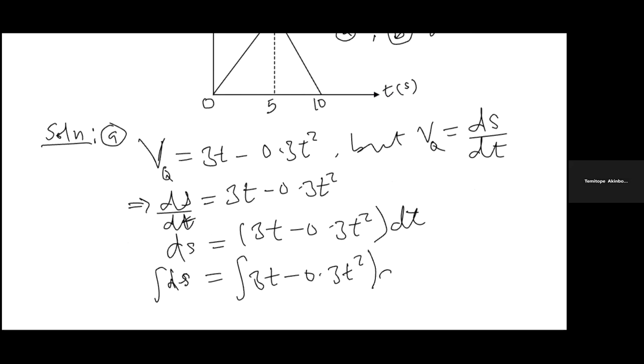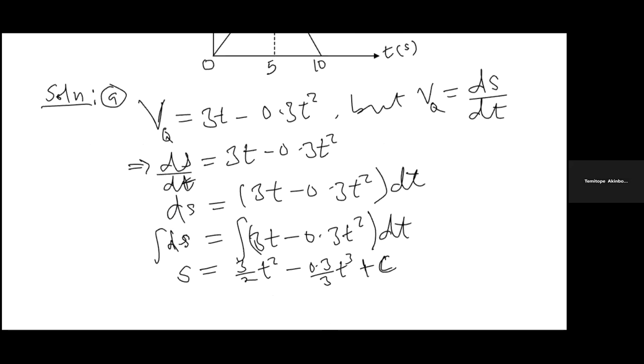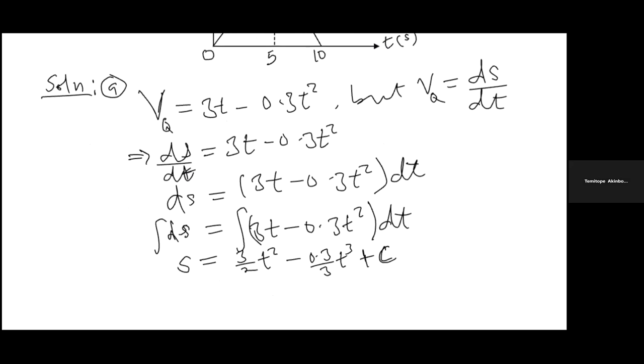So s equals, if you integrate the right-hand side, 3 over 2 t squared minus 0.3 over 3 t cubed plus c, the constant of integration. Both of them start the journey from rest, isn't it?